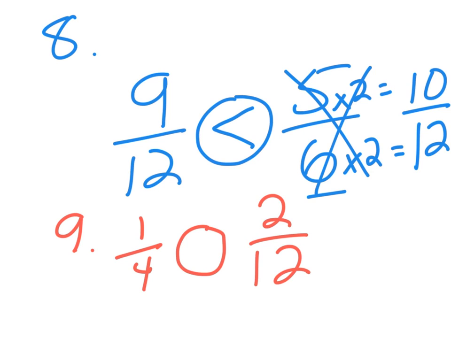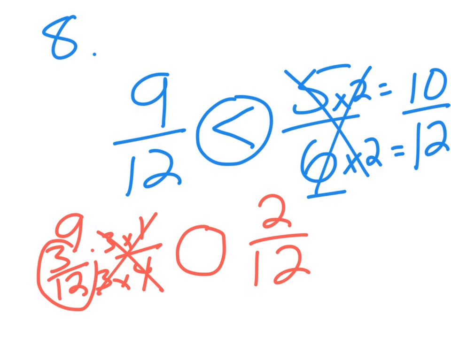Now again, the 4 will fit into 12, and 4 times 3 equals 12. So 1 times 3, and that would be 12, would be my new fraction. 1 times 3 is 3. So I got 3/12. This fraction here, 3/12 compared to 2/12, and 3/12 is larger, meaning 1/4 is larger.